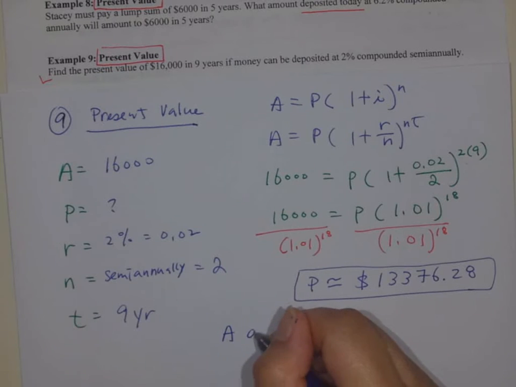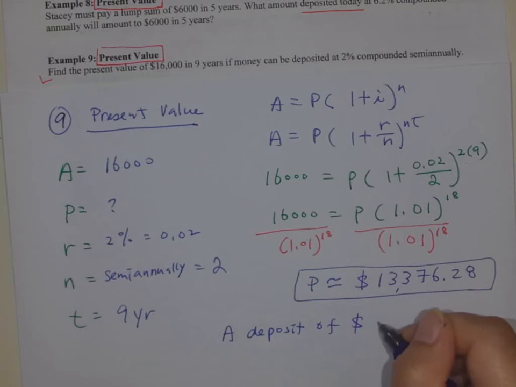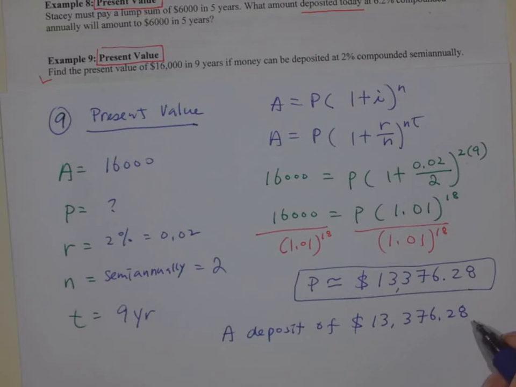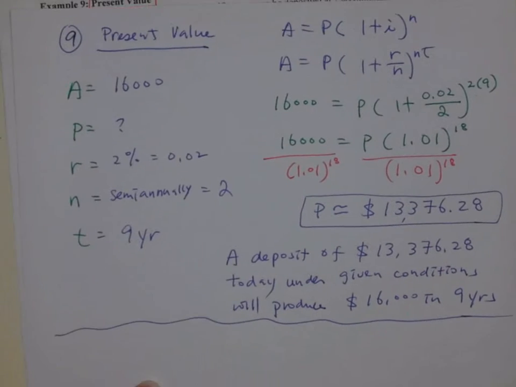Okay, a deposit of $13,376.28 today under the given conditions will produce $16,000 in 9 years. So that's the power of compounding interest, right?